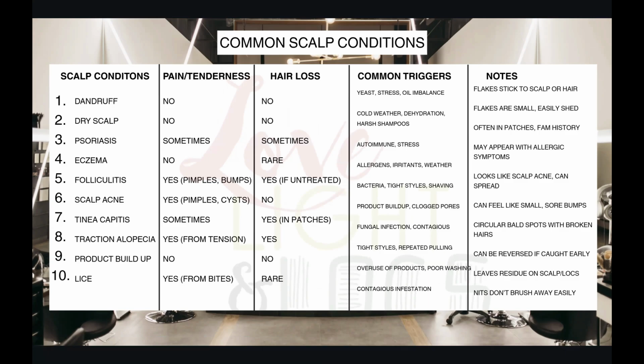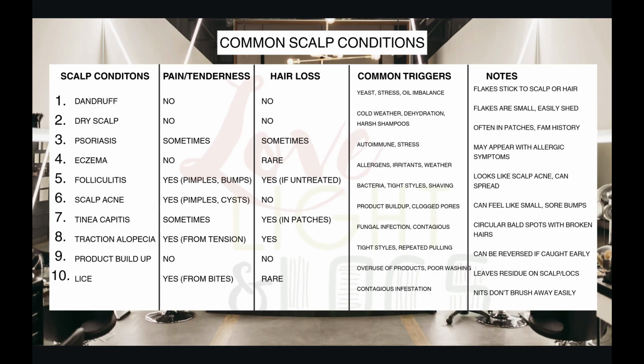Hair loss, yes, that's literally what traction alopecia is. It's hair loss due to tight styling, high tension styles, high or over manipulation. Common triggers are tight styles and repeated pulling.